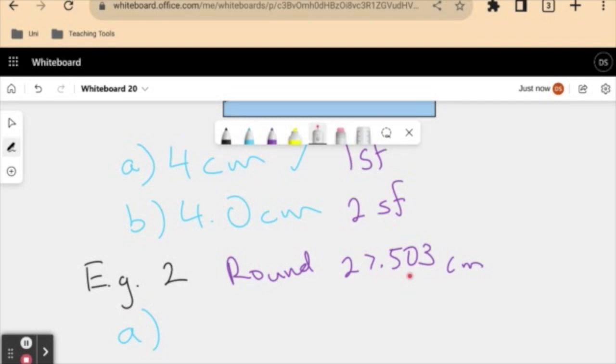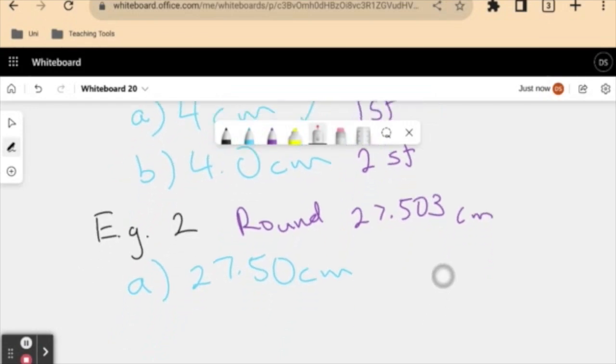So we're going to be rounding this number, and obviously we'll round it down. So we'll get 27.50 centimeters. So we can see this 0 now is significant. It has been made significant.